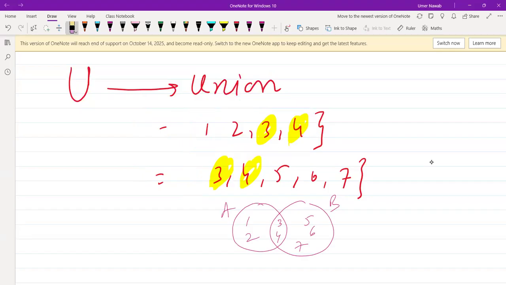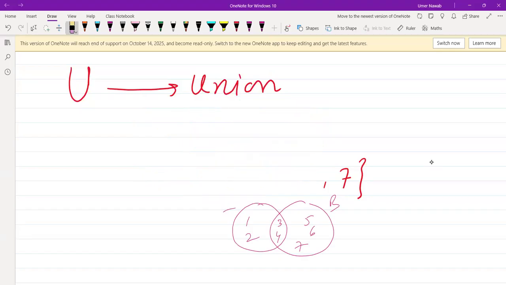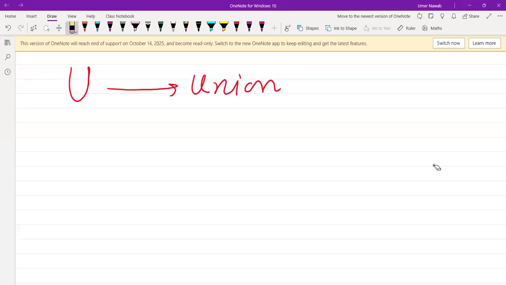So today we want to learn, without elements, which regions we have to shade when any specific operation is mentioned.